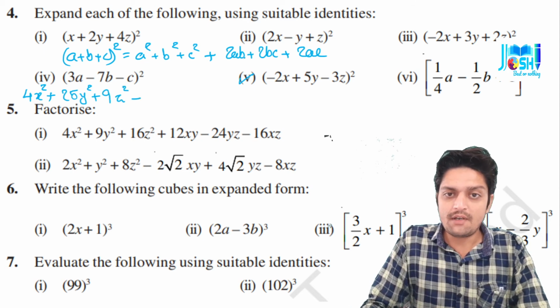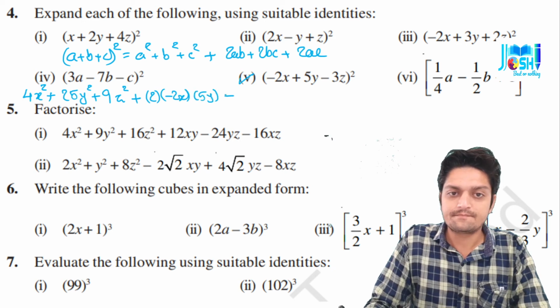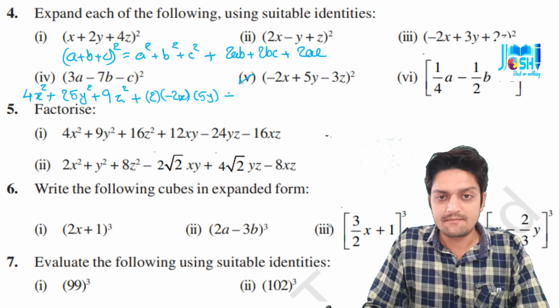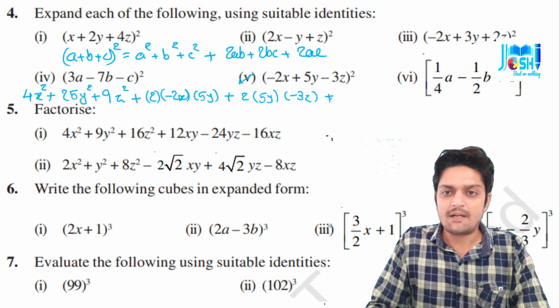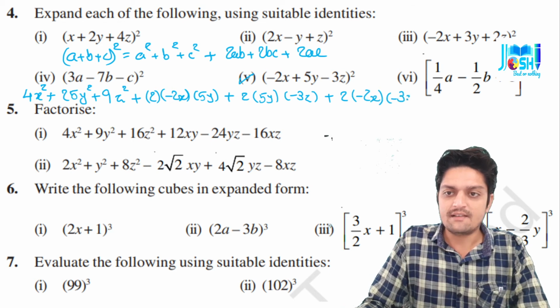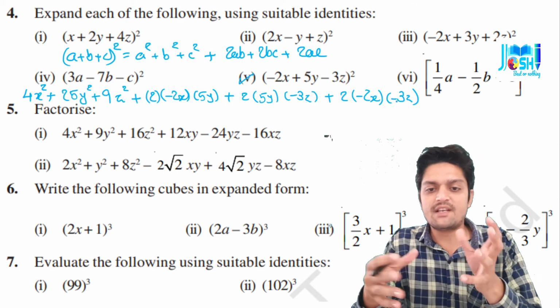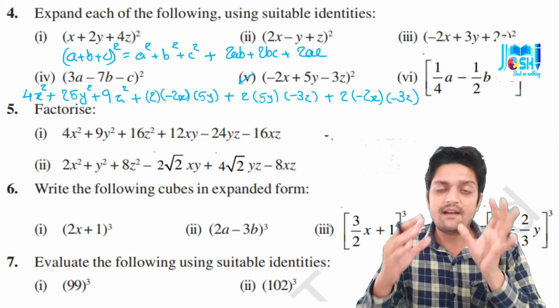Now 2 into a into b: plus 2 into minus 2x into 5y, plus 2 into b into c: 2 into 5y into minus 3z, and plus 2 into a into c: 2 into minus 2x into minus 3z. And now the simplification procedure, as you all know, if you simplify all of these terms, you will get the final answer.